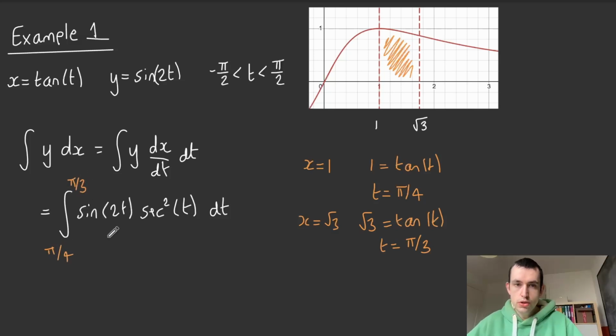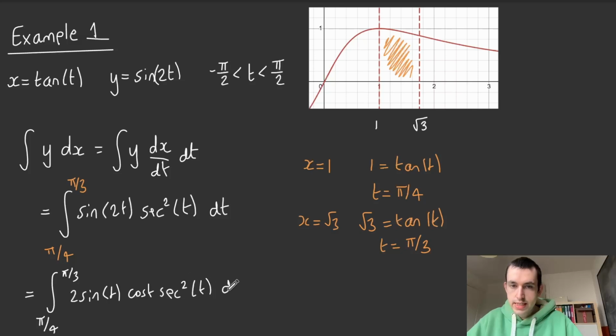Just a word of caution, sometimes the limits change direction, and the smaller limit is at the top and the bigger limit is at the bottom. Match up the value of x to the value of t and don't change it just because it feels right. Now we want to use our definition of sine 2t, which is 2 sine t cos t, times sec squared t dt.